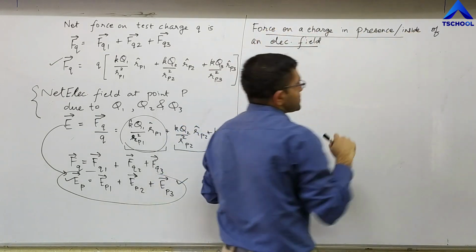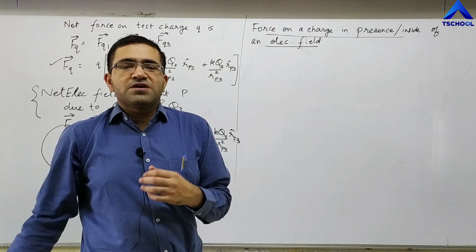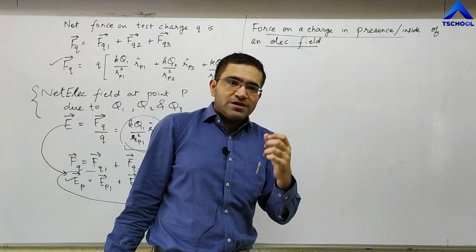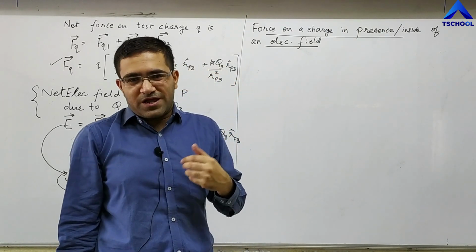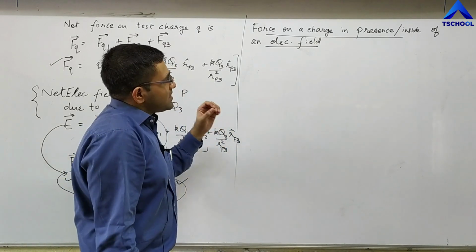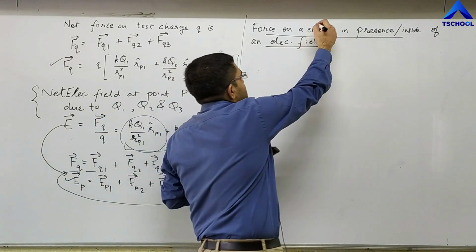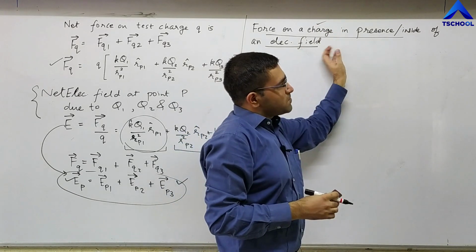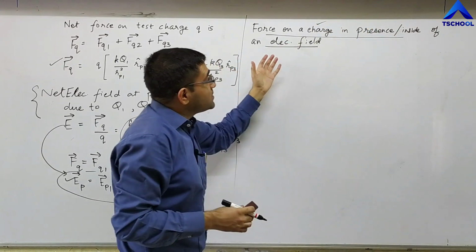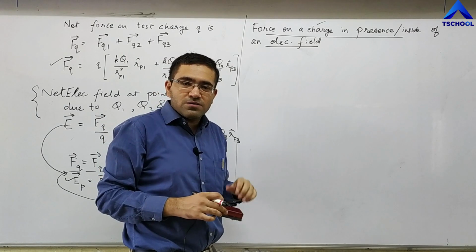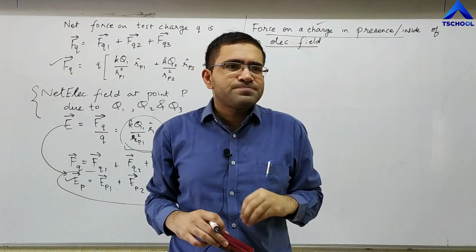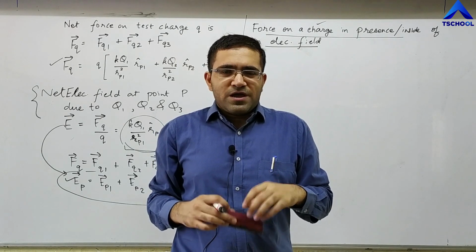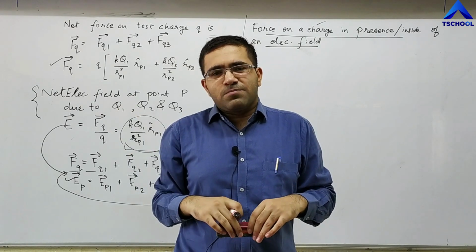Okay, so read the diagram carefully. I'm going to very quickly draw a diagram that will indicate what we are talking about here. We're saying that this charge is present inside what? Inside an electric field. Think about it. You take a piece of iron, and let's say there's a magnet nearby.